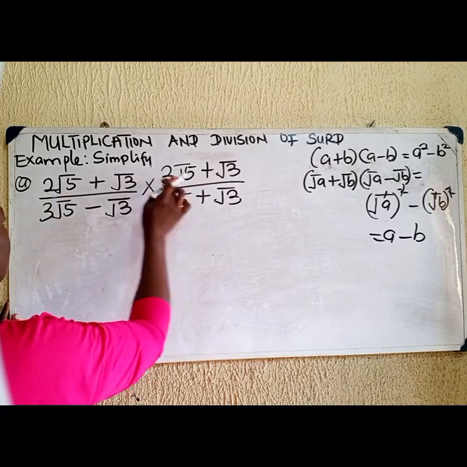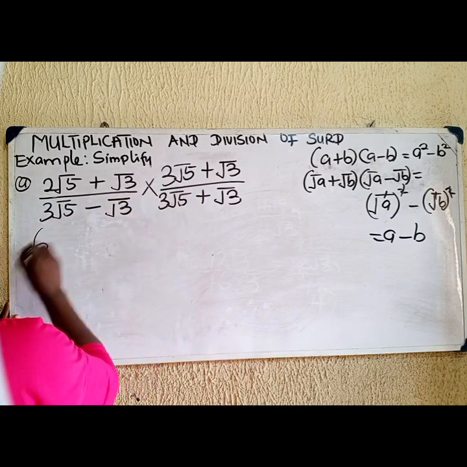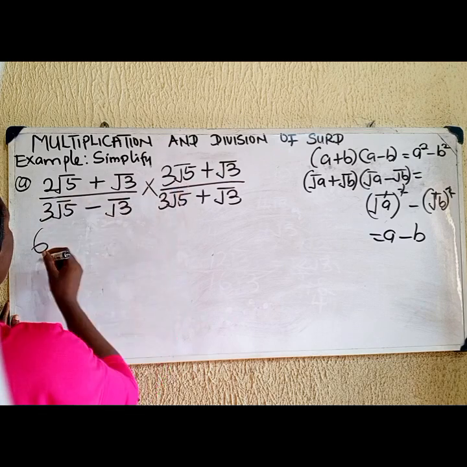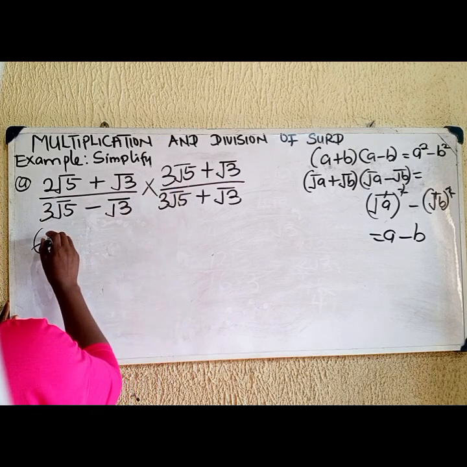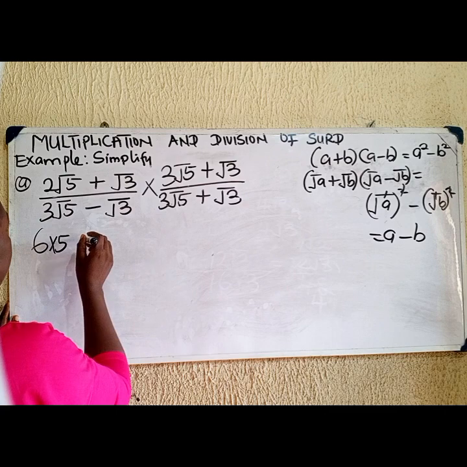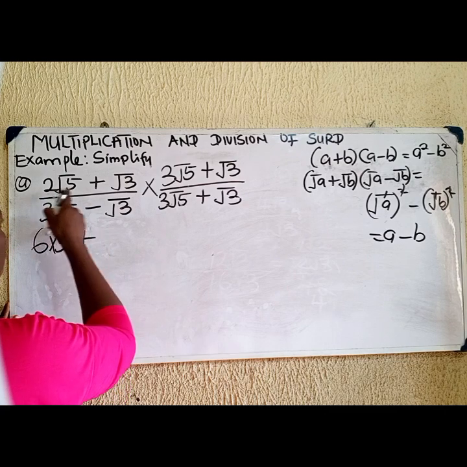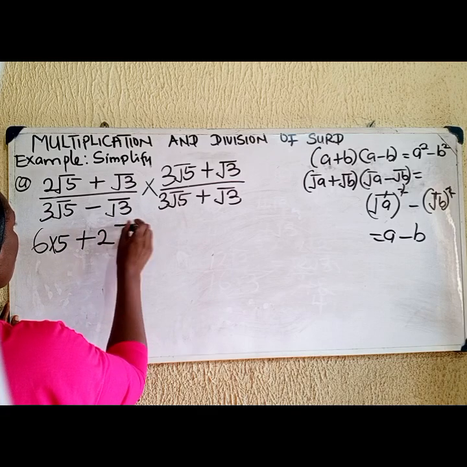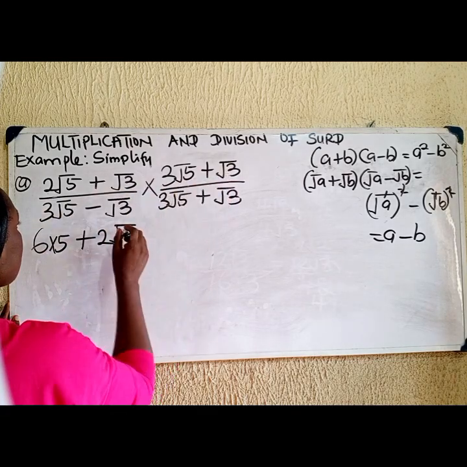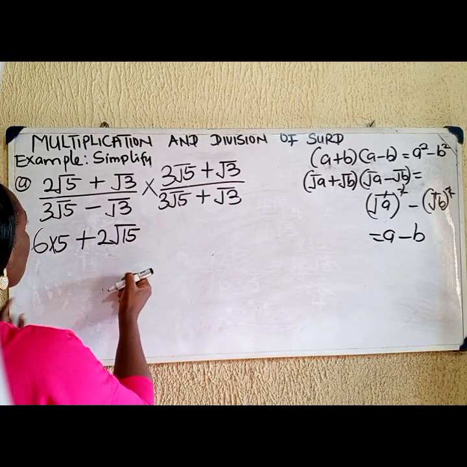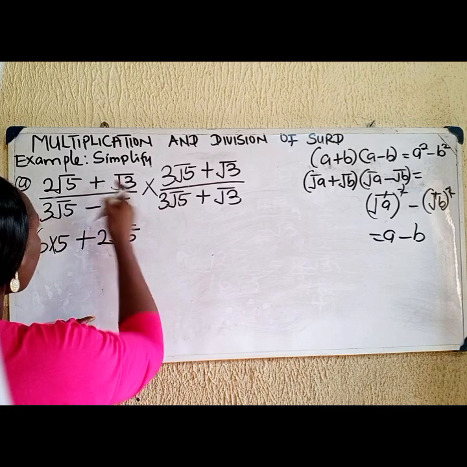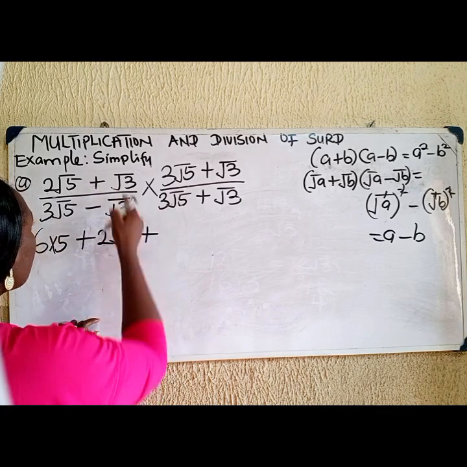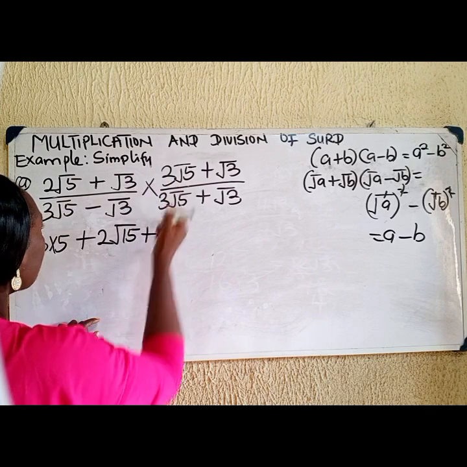So now multiply. 2 root 5 times 3 root 5. First of all, 2 times 3 will give me 6. Root 5 times root 5 is 5. Plus 2 root 5 times root 3 will give me 2 root 15. Then here I'll have my plus root 3 times 3 root 5.